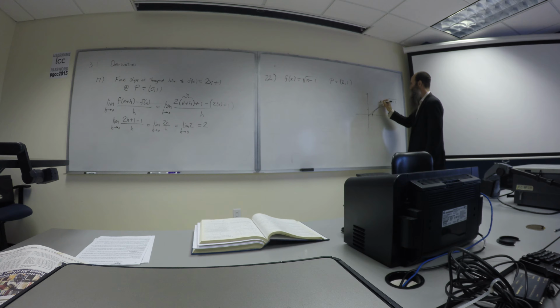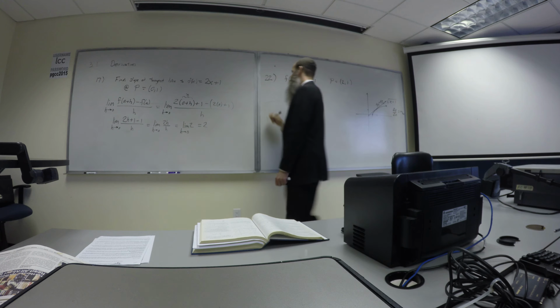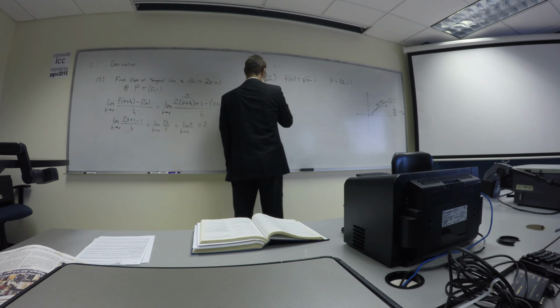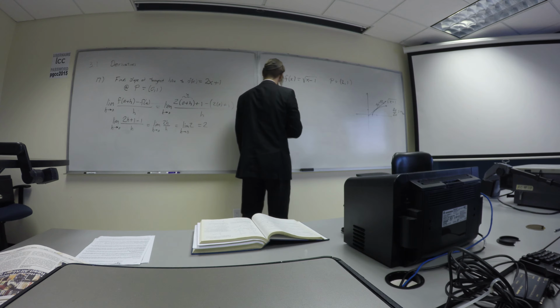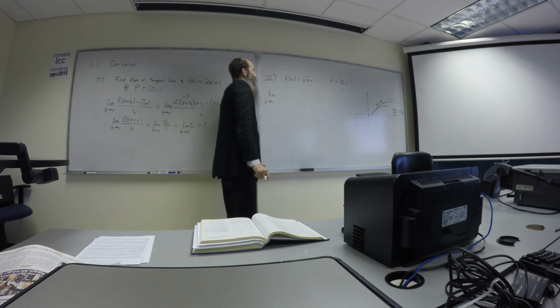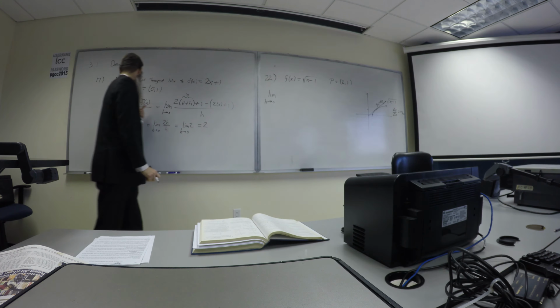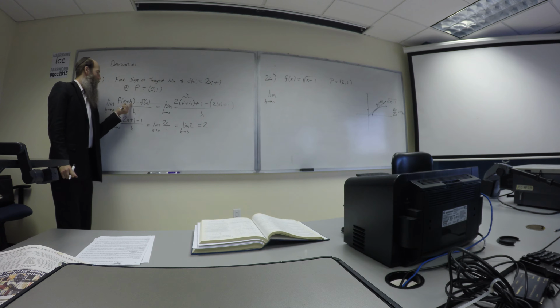We're trying to find delta y over delta x for that line right there. m tan. All right. Here's the definition. Limit as h approaches 0. So first thing we do is we take the function itself, and we're going to put in a plus h.